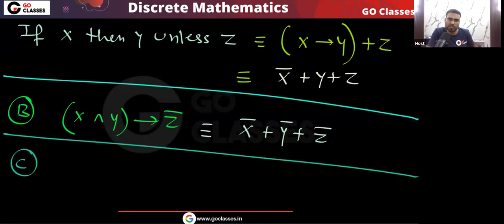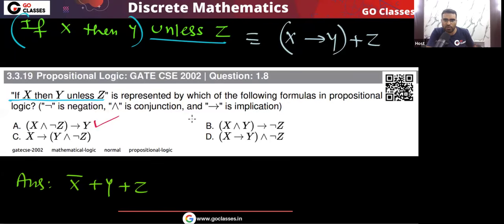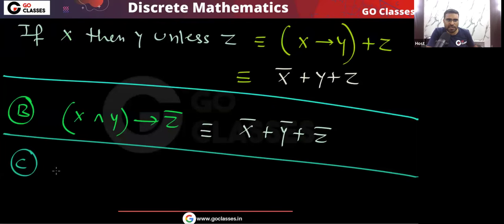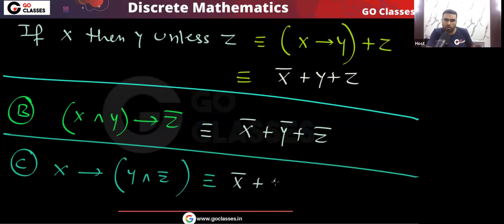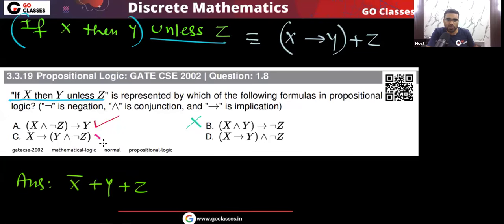What about option C? Option C is saying X implies Y and Z bar. Let's simplify this. You will get X bar or Y and Z bar. Again, this is not equivalent to our given statement. So option C is also wrong.